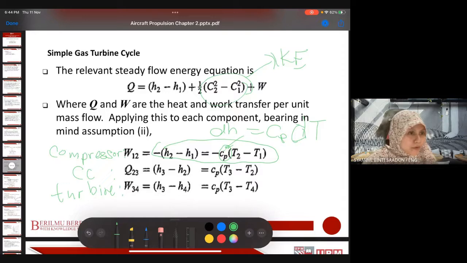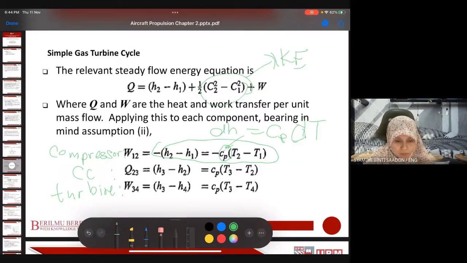3 to 4 is the turbine. The turbine is the opposite of the compressor: there is work being produced, power produced. But there is no heat transfer, as we assumed for the compressor just now.